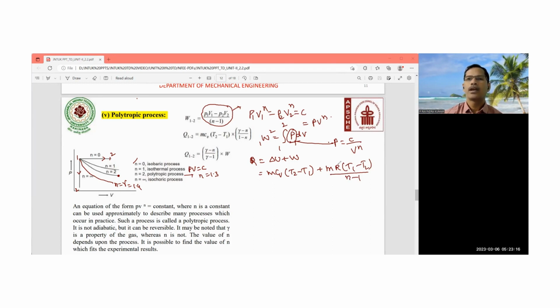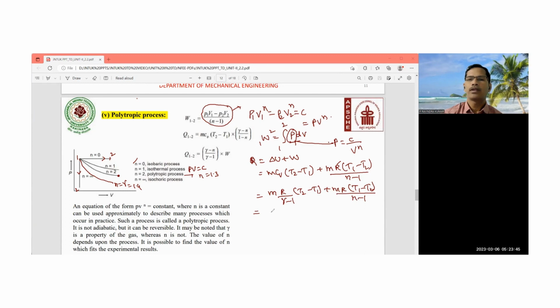So here there is an R term, so I need to bring here also, that is m Cv is nothing but equal to R by gamma minus 1 into T2 minus T1 plus mR T1 minus T2 divided by n minus 1, right?